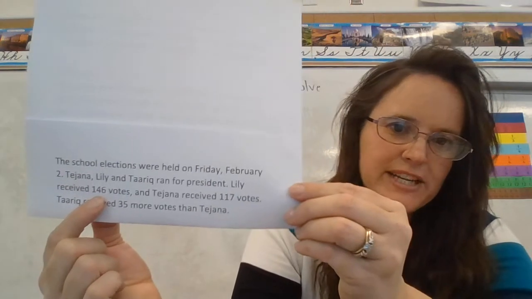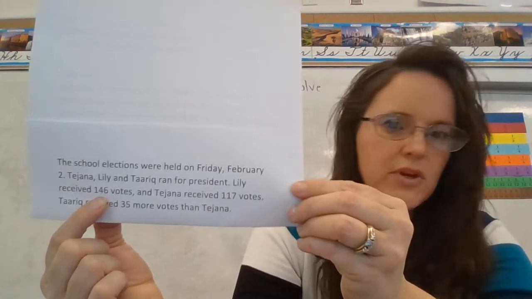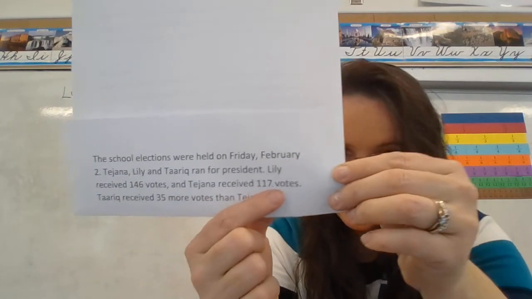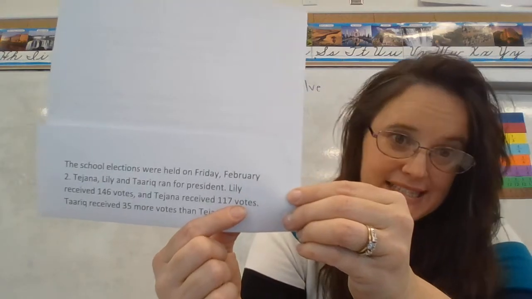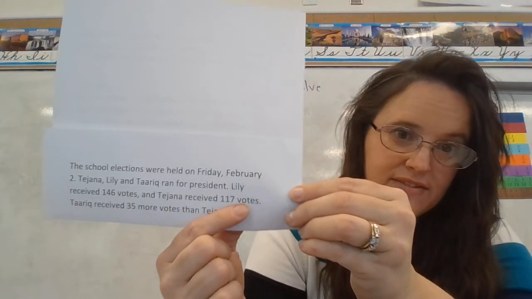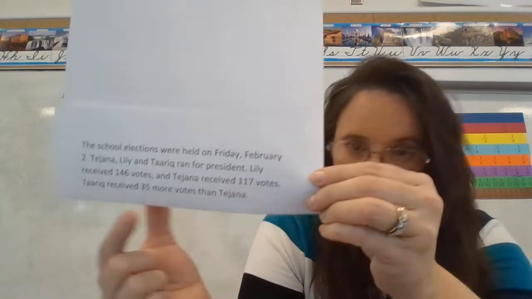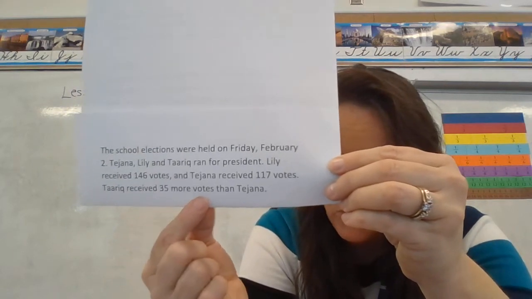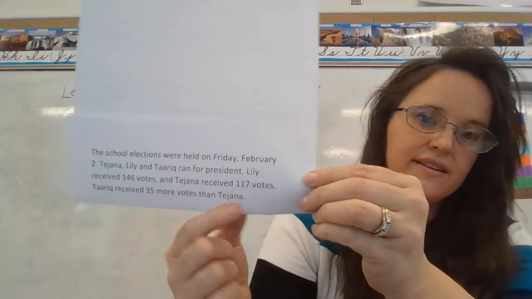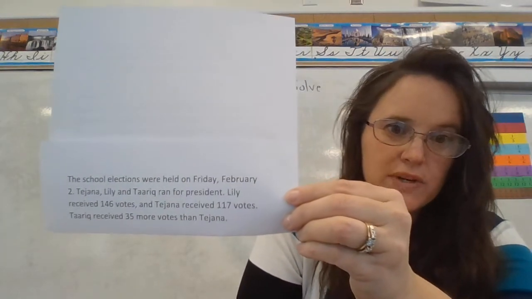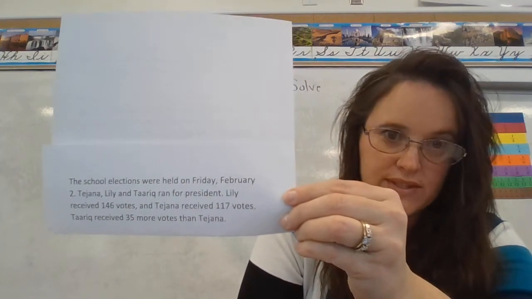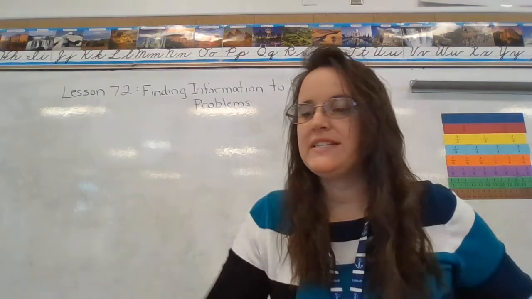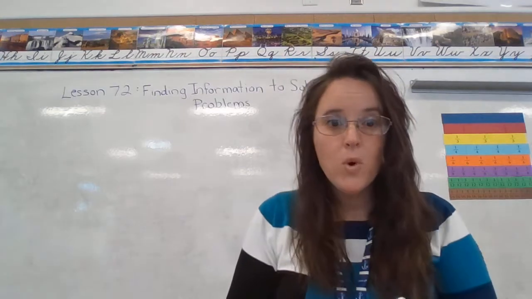Does that tell us how many Tariq received? No. Tahana received 117 votes. Does that tell us how many Tariq received? No. Tariq received 35 more votes than Tahana. Does that mean Tariq received 35 votes? No. It means he received 35 more.